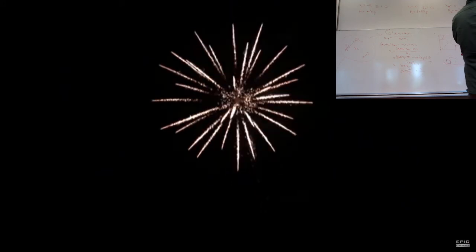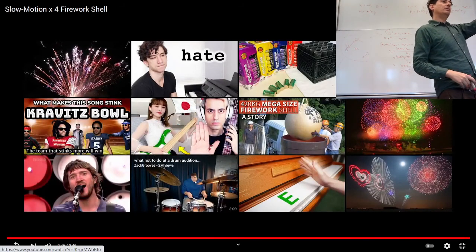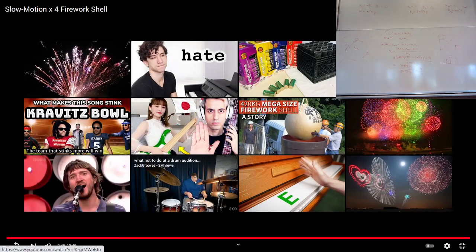So the center of mass of all these particles here is obviously somewhere in the middle of this whole explosion. You can see that all these things now start to fall. But if you look at where the center of mass of all these little fragments is, it would simply follow the straight-ahead parabola.